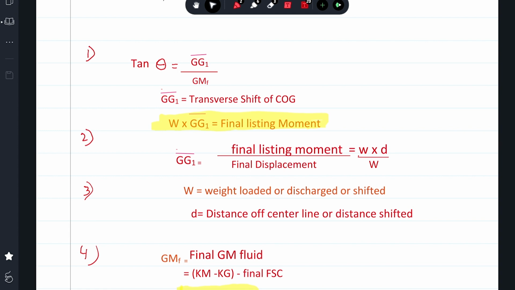Then from the KM we subtract the final KG, we get the final GM, and then we also have to find the final free surface correction, because free surface correction is equal to free surface moment upon displacement. If displacement has changed, FSC will also change. So FSC is to be found using the final displacement. Then we get the GM fluid, which you use in the formula tan theta is equal to GG1 upon GM.